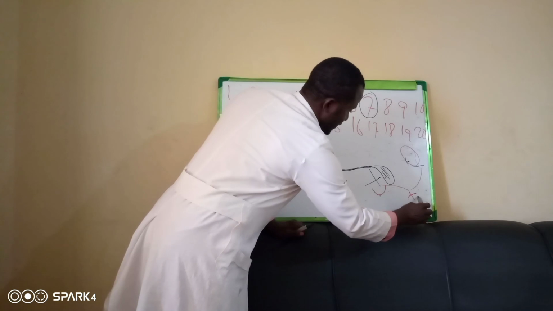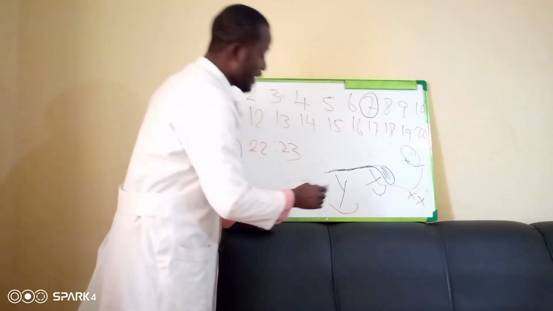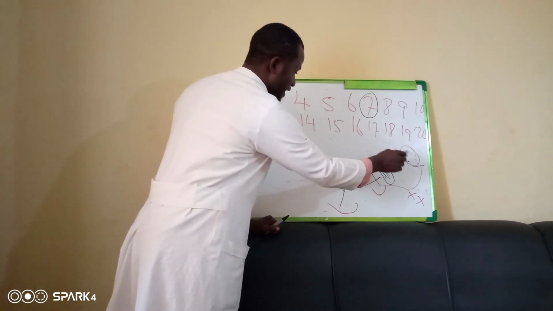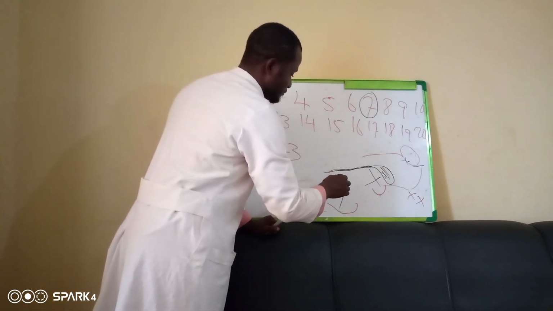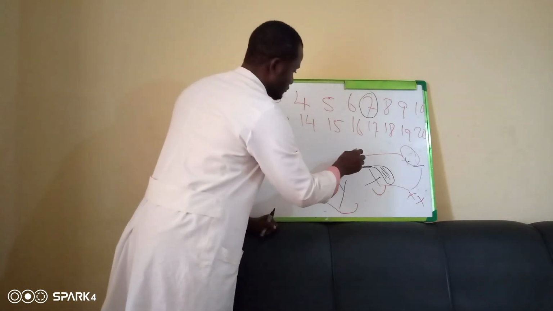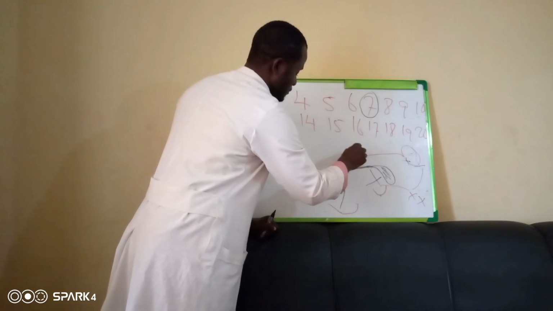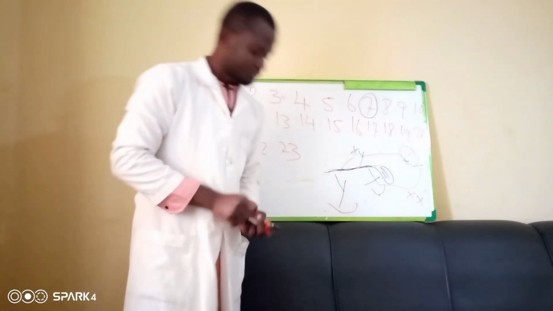So you're going to have XX, a baby girl. But if Y meets with the egg, you are going to have a baby boy.